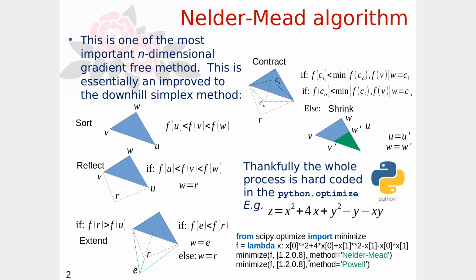This is the search area. Is there a minimum value within there using the Nelder-Mead algorithm, or alternatively using the Powell algorithm, which is another gradient-free type method. Simple as that, and that's how to optimize using Python.